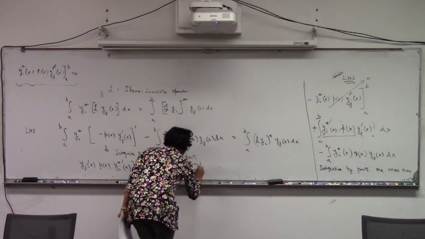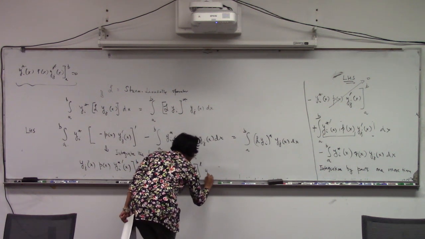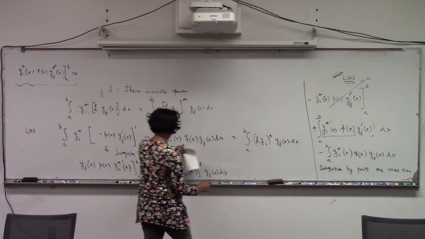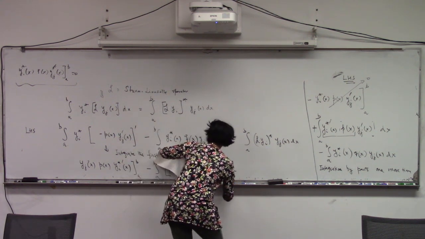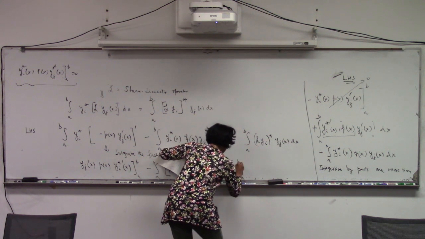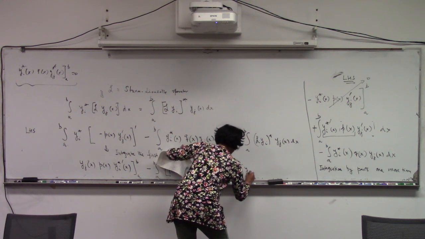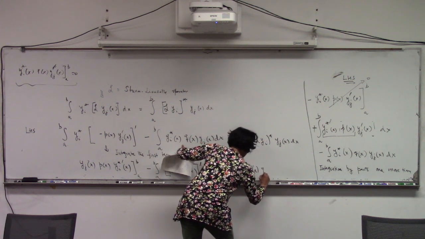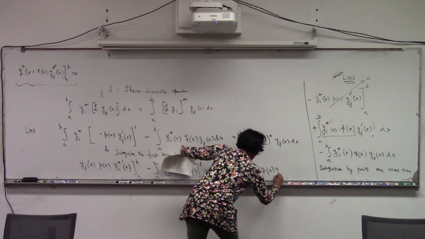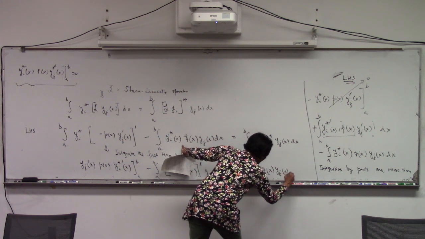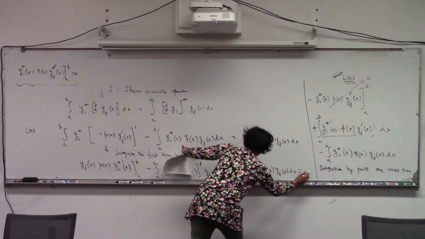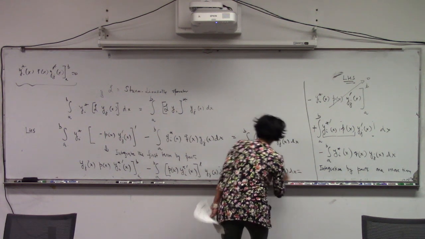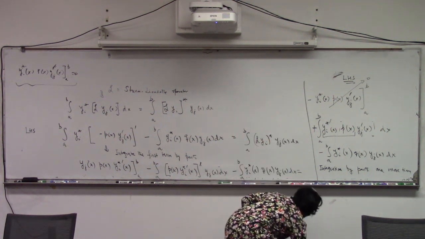And since I already integrated the other one, this is yjx dx, and the other term I can put the same way. Minus a to b of yi conjugate of x q of x yjx dx equal to this left-hand side. I need to prove this, right? It is equal to that. That's what I need to do.